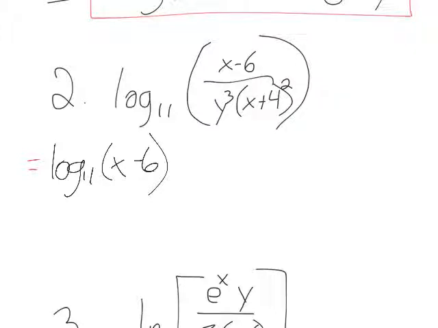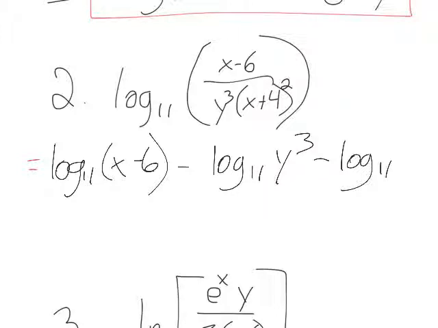Now you can do this with the difference, the quotient rule, and then split that up with the product rule further. But you'll have to remember to distribute the negative. So it's actually easier if you'll just remember that the ones on the bottom are going to be negative logs. It's a little faster and helps you remember the rule, because that way you're really only using one rule, you're not using 2.